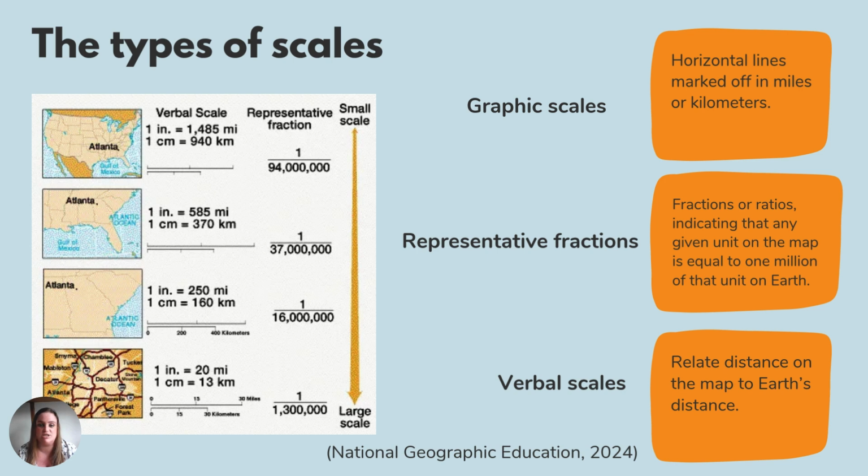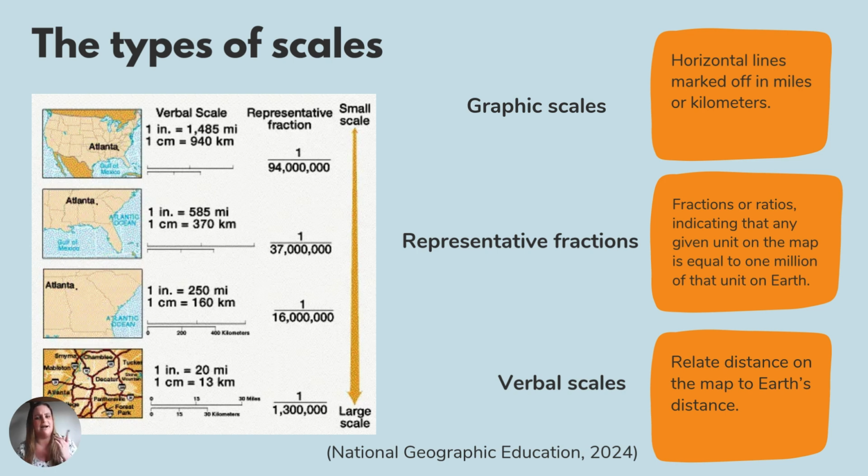We don't use inches in South Africa, but we do use centimeters. So 1 centimeter equals 940 kilometers in reality. And then we have our representative fraction scale. Like I said, that is used in fractions or ratios.